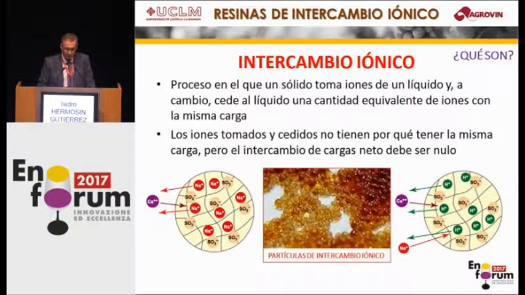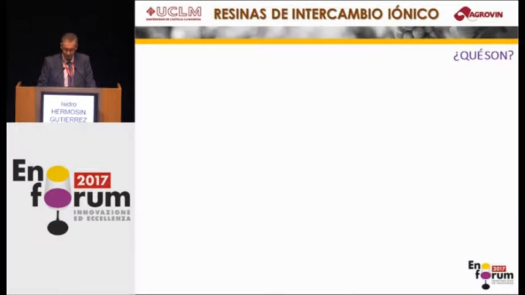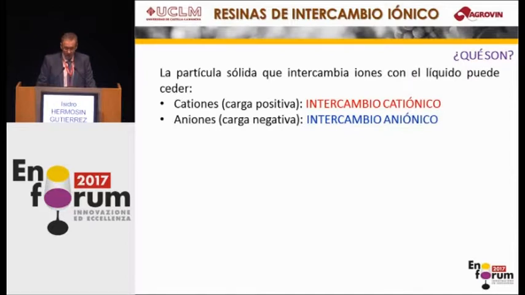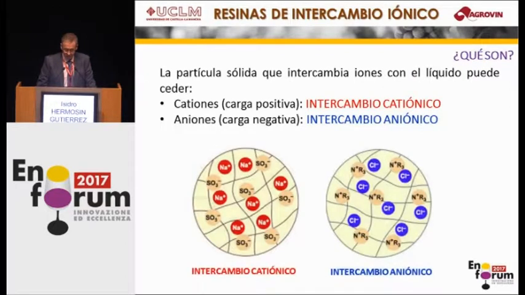There must be balance. The resins can be positive ion exchange resins, such as in the case on the left-hand side. There's an exchange of sodium and calcium ions. Or, as we shall see later, there might be anionic exchange resins. This is what I was announcing.